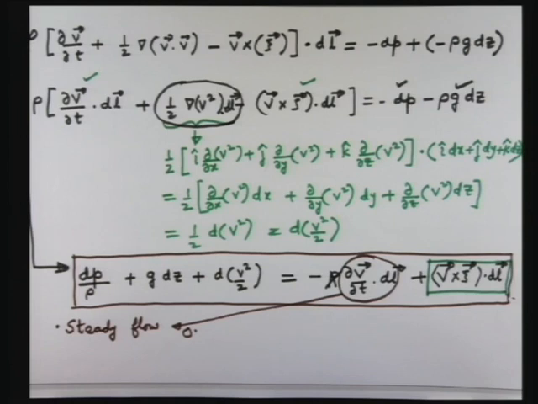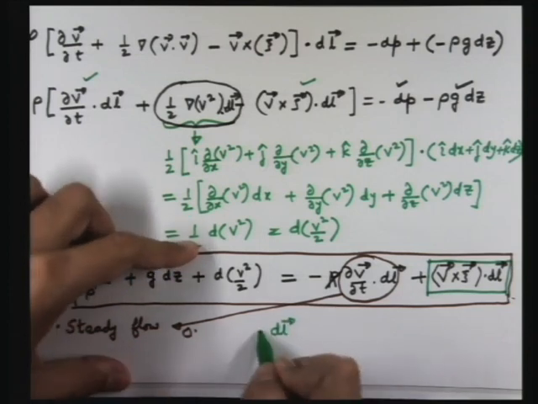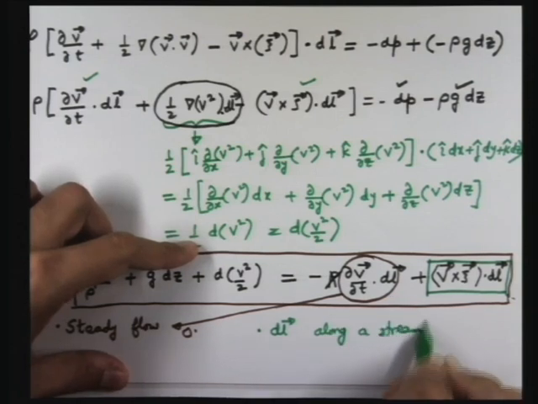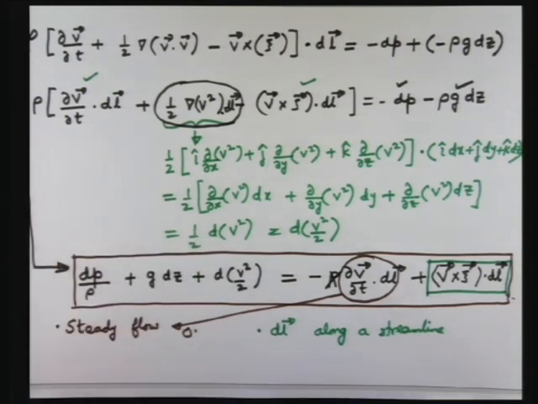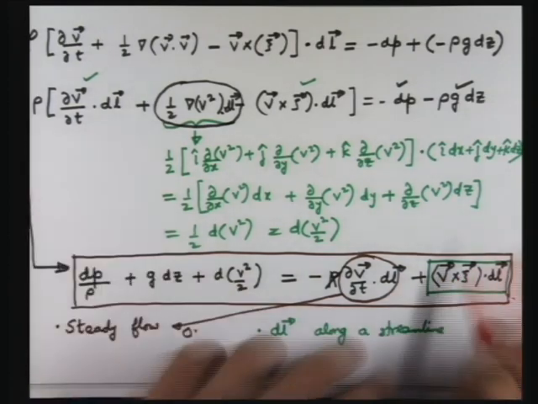What is dl? It is a small line element vector within the flow field. We have not specified its orientation. Now if we specify its orientation along a streamline, if we say that dl is along a streamline, then what is v?